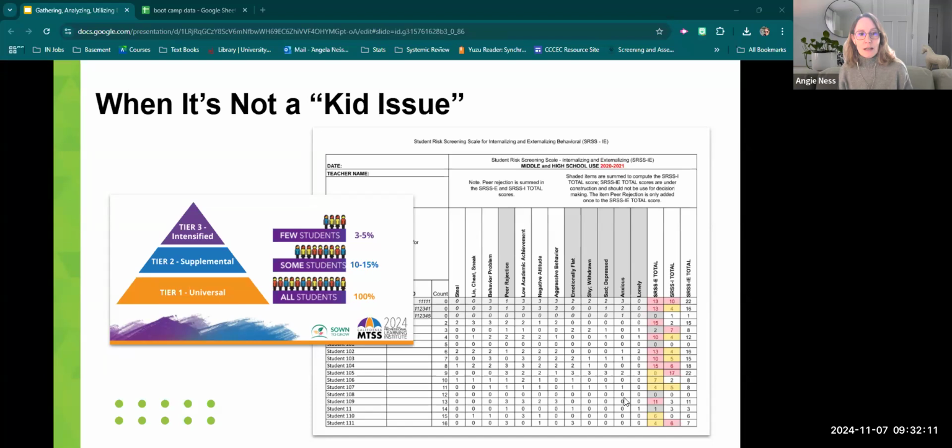That told me I needed to talk to my administrator to try and get some coaching and support for this teacher, because either they're having a hard time managing behaviors, or maybe they have some prejudices and biases about their students in their classrooms. And personally, when I saw this in my school, it was a combination of both, right? They weren't able to effectively manage the students' behaviors, and they had some troubling beliefs about their students and why they behaved the way they did.